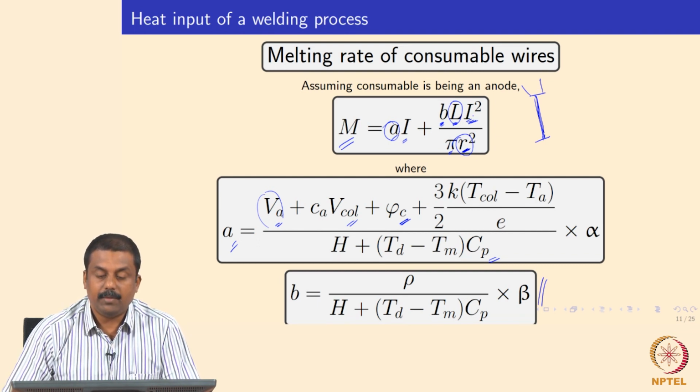That means that if you use electrode positive and if you fix the other process parameters, for example shielding gas, the important factors that can influence your melting rate are the stick out length and the welding current.